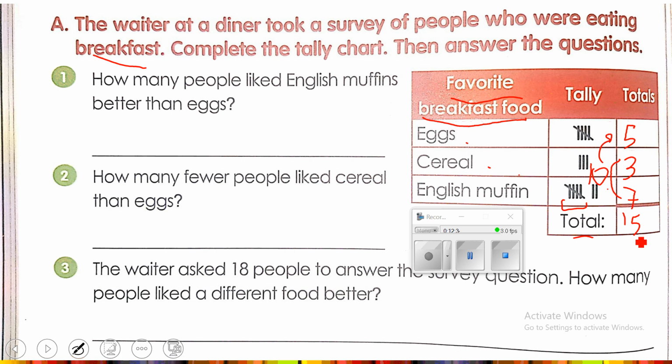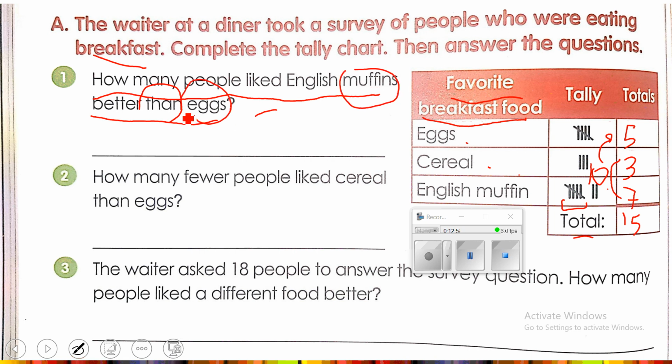Now let's answer the question here. How many people like English muffins better than eggs? How many more than means subtract. I have to find the difference between two things.